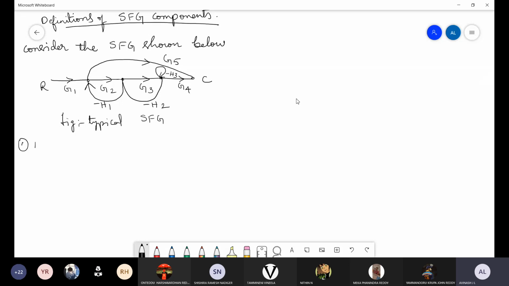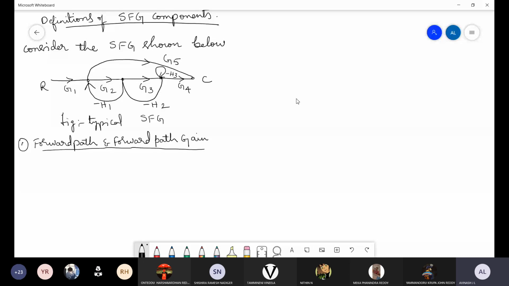First thing you write down, all of you: forward path and forward path gain. So here forward path means what? That is the question. All of you write. Forward path means what?